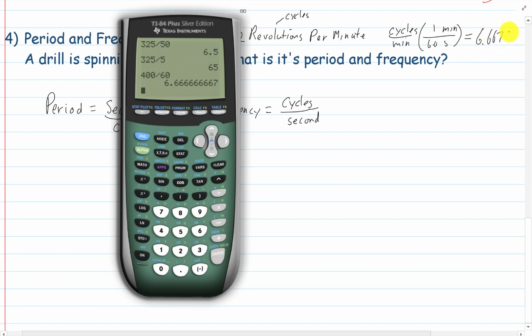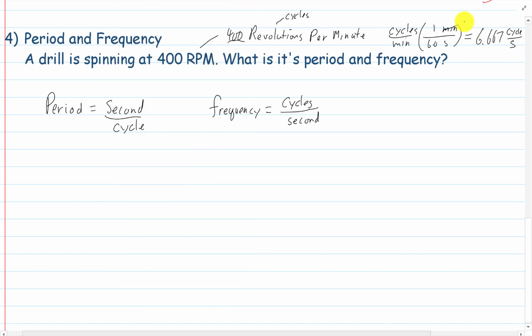And that'll be cycles per second. That'll be the unit because the minutes will cancel out. So that is this number, and that just happens to be the frequency. So the frequency is 6.667 hertz.